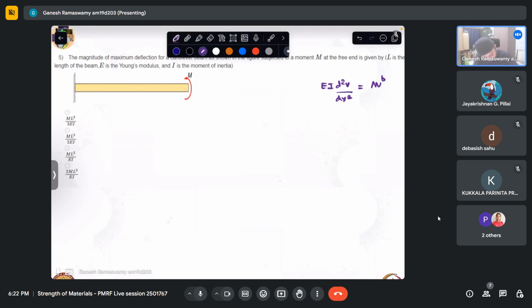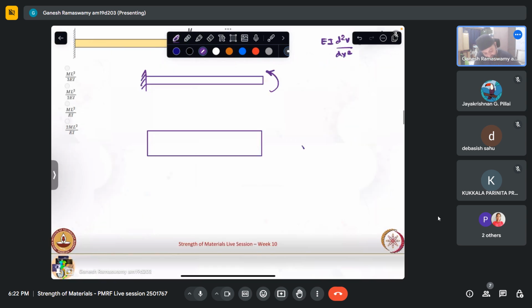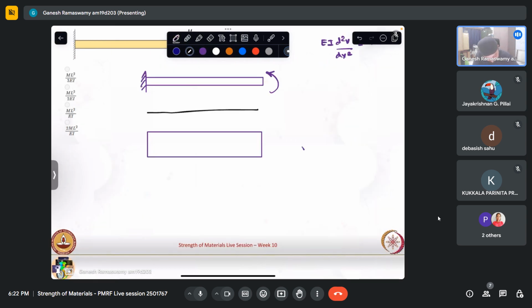Let us say for this beam, I have the moment this way, and I have the fixed end here. So my bending moment diagram is nothing but just a rectangle. Shear force diagram is non-existent. So this is the SFD, which is 0.